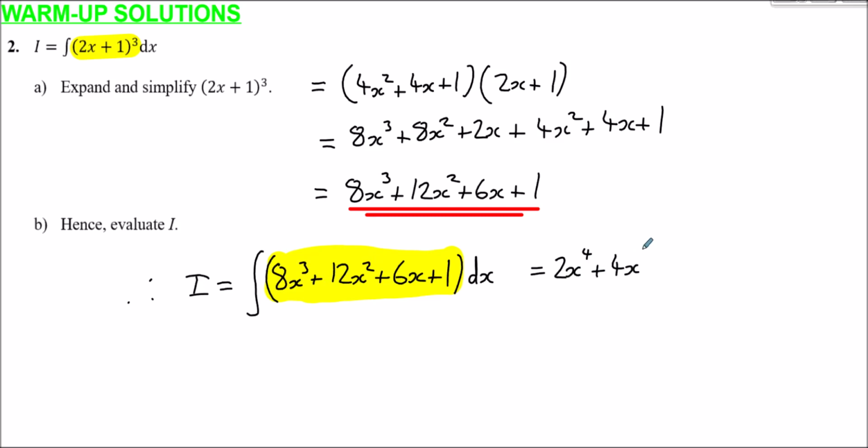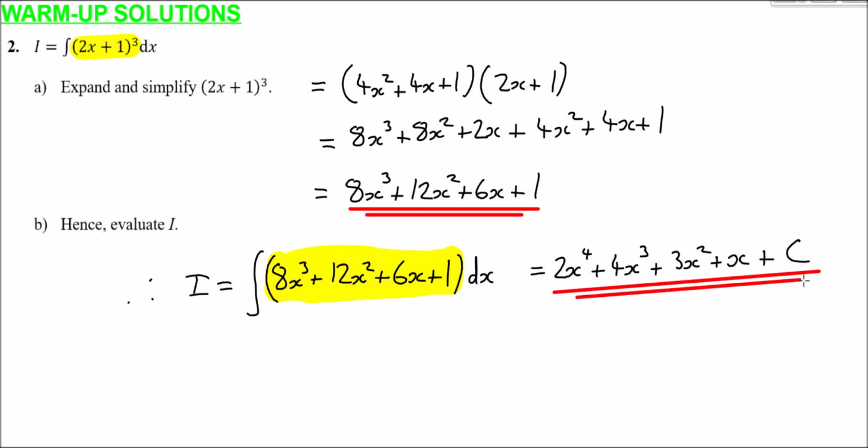That'll give 4x cubed. 6x will go to x squared, and then I'm going to divide that by 2. Yeah, that will give me 3x squared. Apologies. And then integrating the 1 will give me x. Then, of course, the constant of integration, I'm going to call c. So that's the integral where c is just an arbitrary constant of integration.